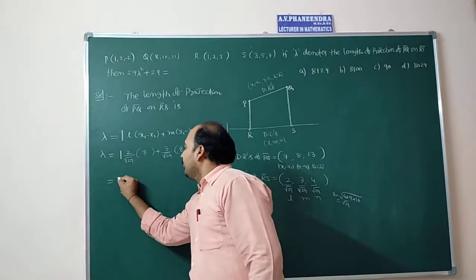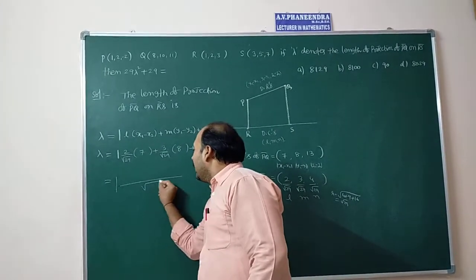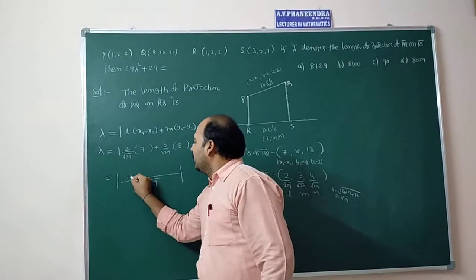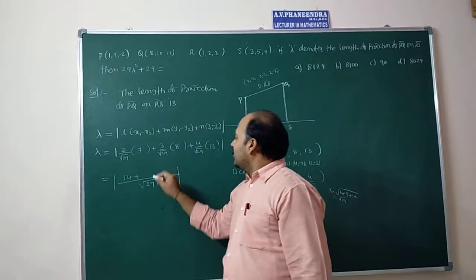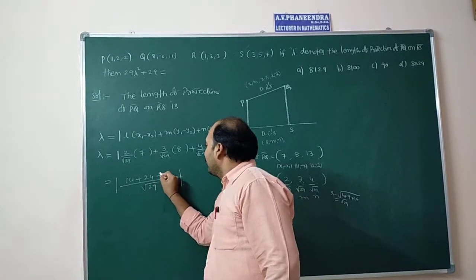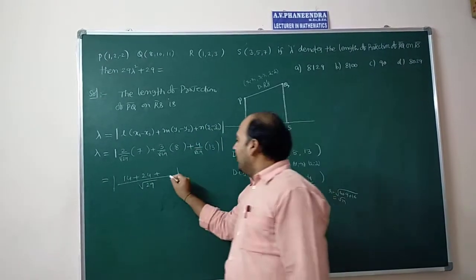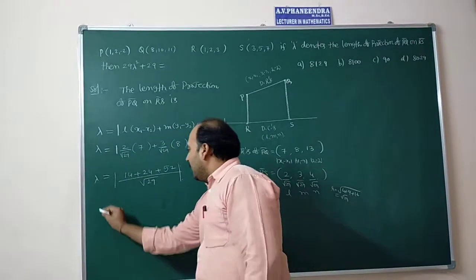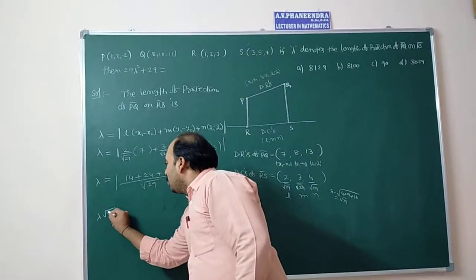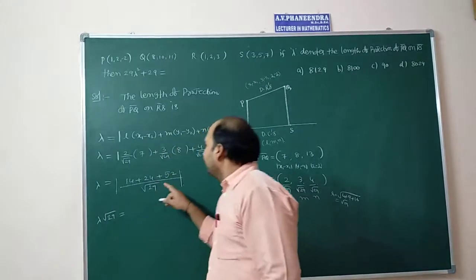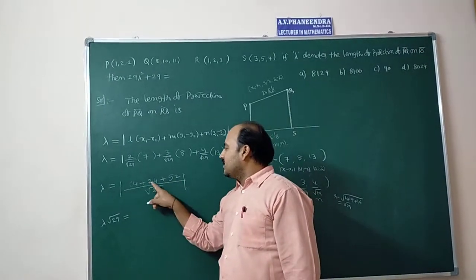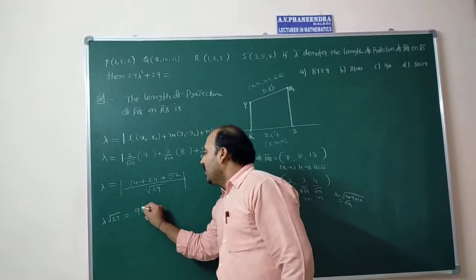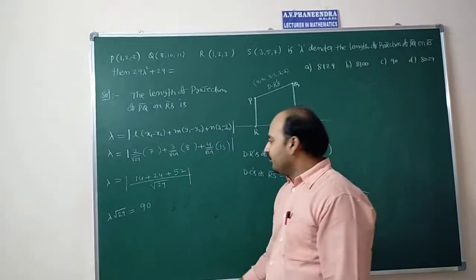Which is equal to, the LCM will be root 29 only, no? 7 twos are 14, plus 8 threes are 24, plus 13 fours are 52, which is equal to lambda. Cross multiplying, lambda into root 29 is equal to 52 plus 24 plus 14, which should be equal to 90. Mod 90 means 90 only.